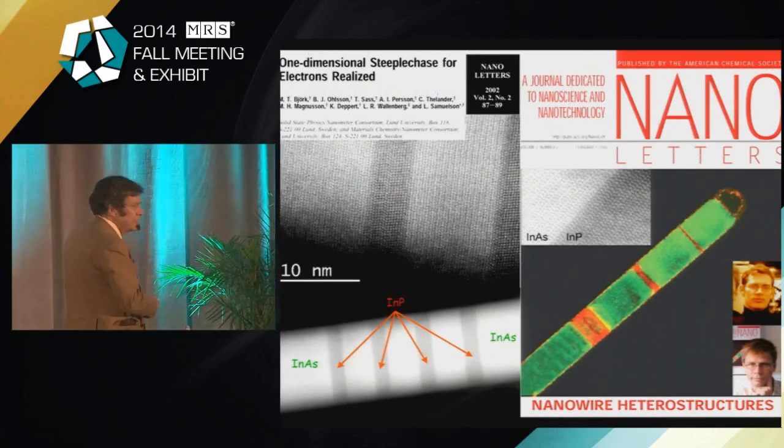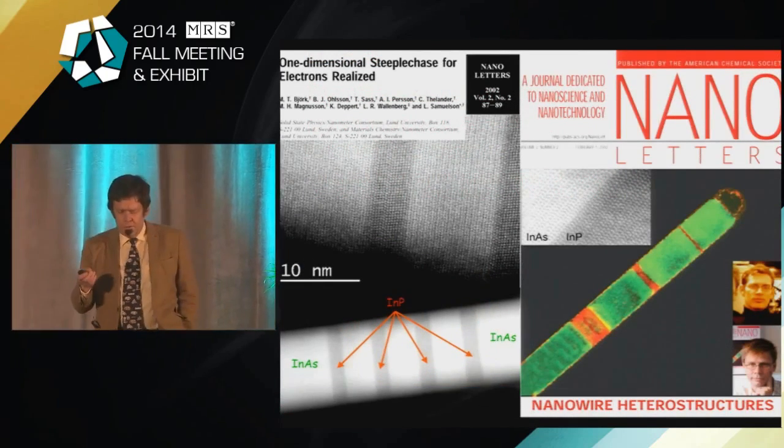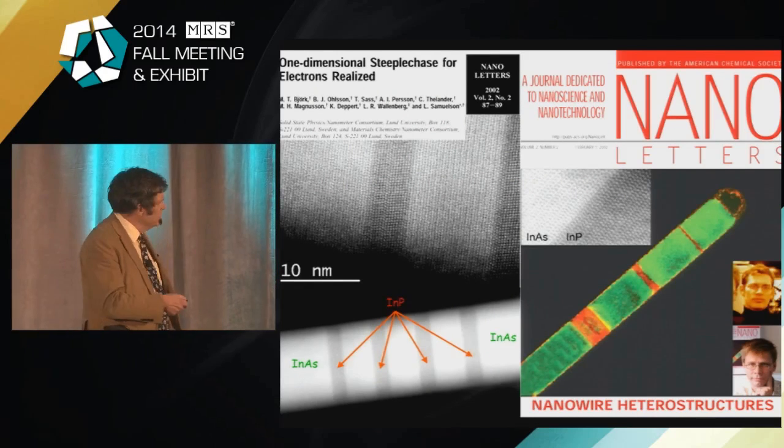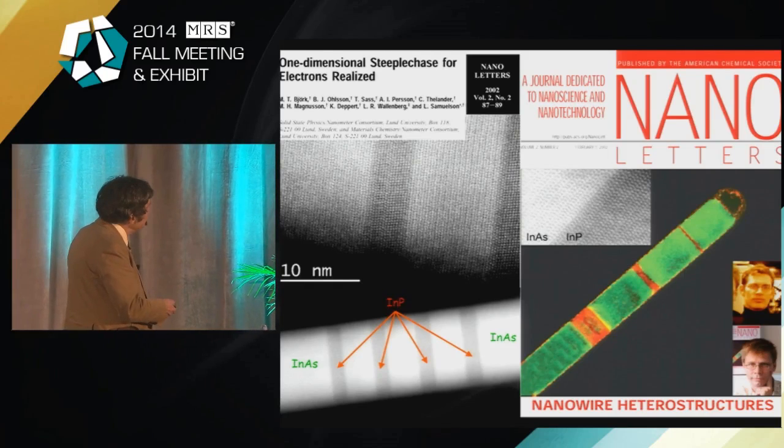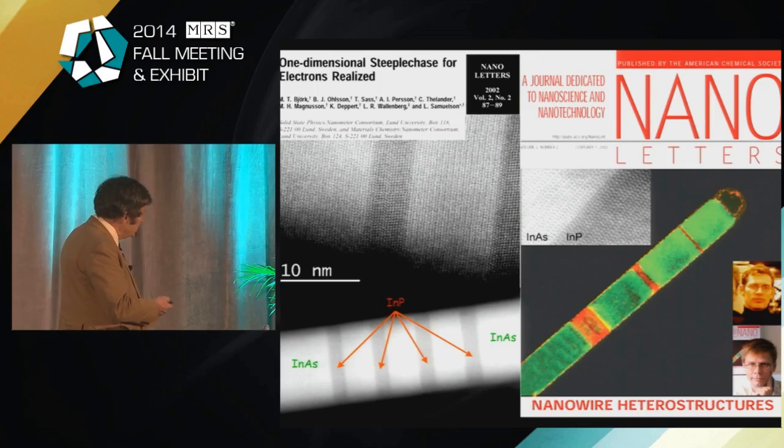The last thing of this development of the tools, of the toys with which you can do things, I mentioned the heterostructures. This was a paper that I mentioned, came out in the beginning of 2002. And I think this was pretty important since it created a lot of interest all around the world, and many groups started to work in this direction.